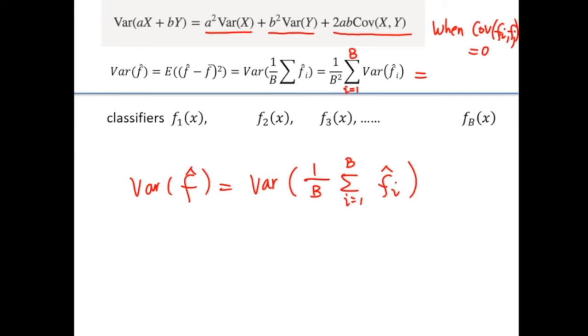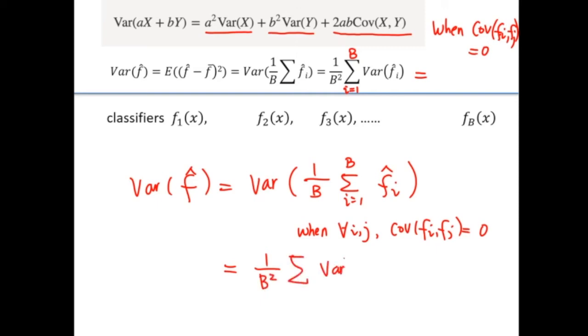And if the covariance of f_i and f_j is 0 for all i and j, I can get the above as 1 over B squared times the summation of the variance of each.